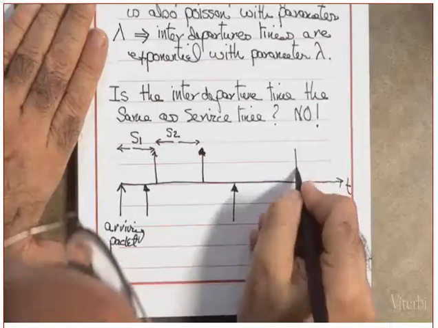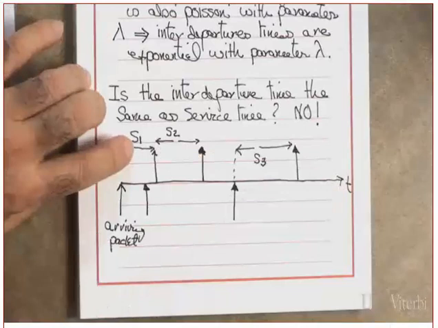Lambda. Which means I can treat the second queue separate from the first. Yes or no? And how does it behave? As an MM1. Do you agree with me or not? In an MM1, what is the arrival rate? Lambda.